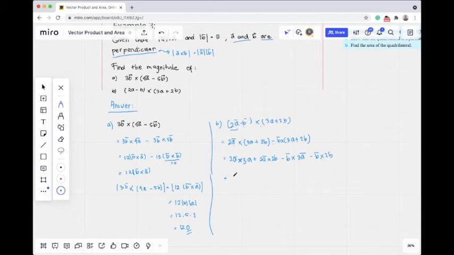Then here 6 vector a cross a, plus 4 vector a cross b.